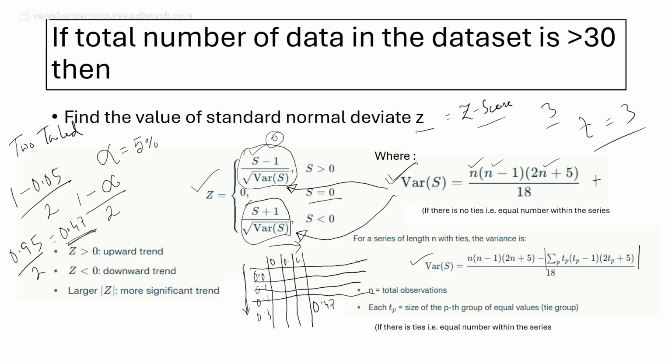If this 0.47 value cannot be found, then pick the nearest value of all of them.